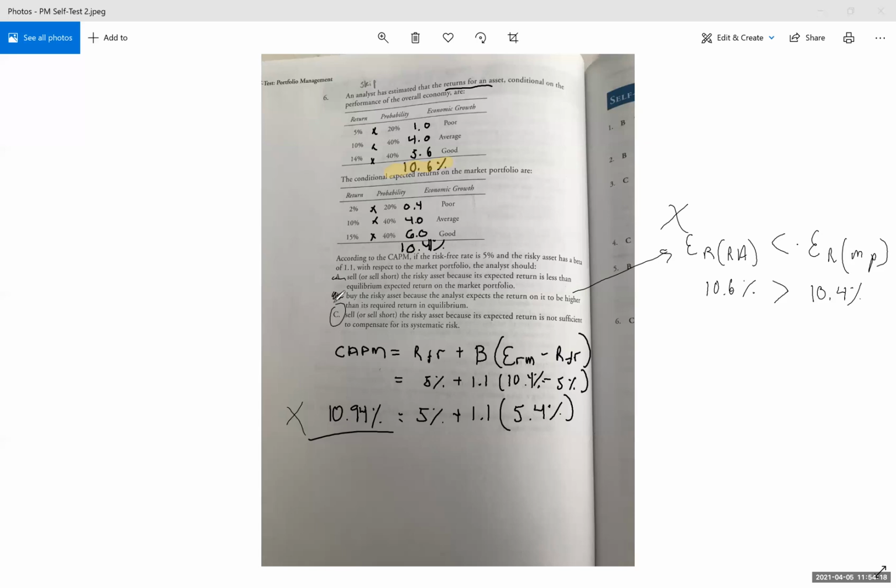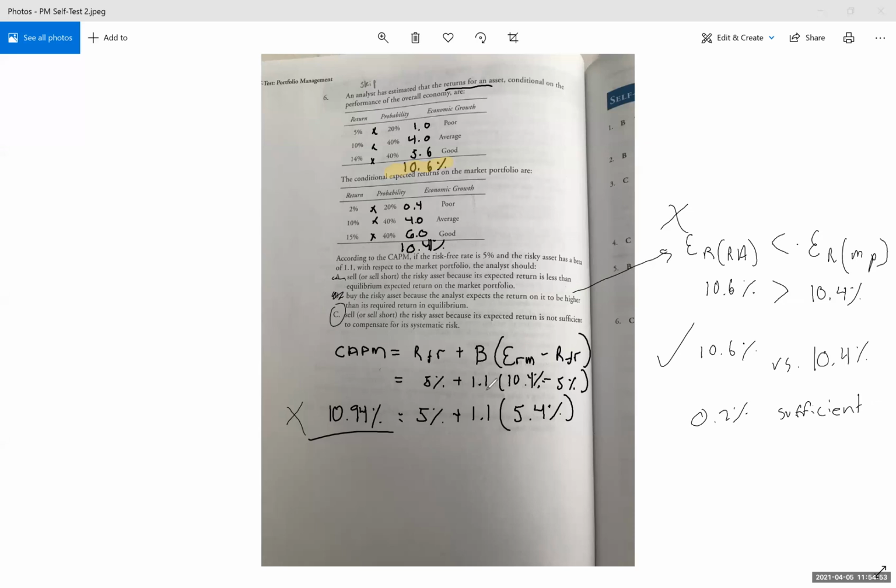We're selling the risky asset because, while its expected return of 10.6 is better than the market return, anyone would rather have 10.6% versus 10.4 if you're a rational investor. That's true. But based on how much riskier this stock is than the overall market, is this extra 0.2%, or 20 bips, enough given how risky the asset is?